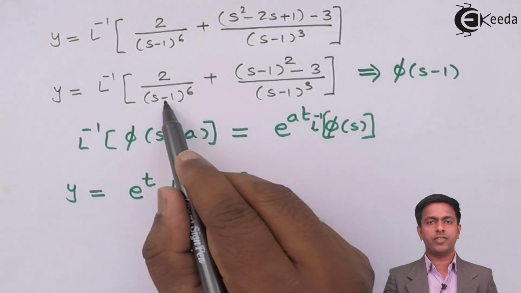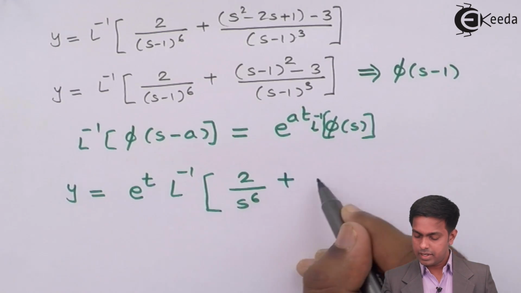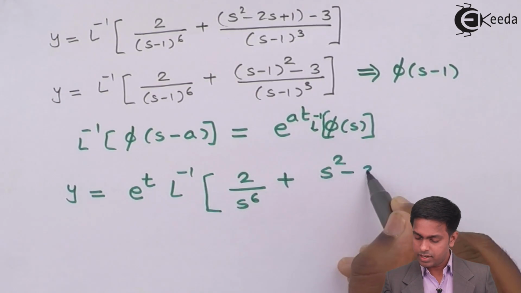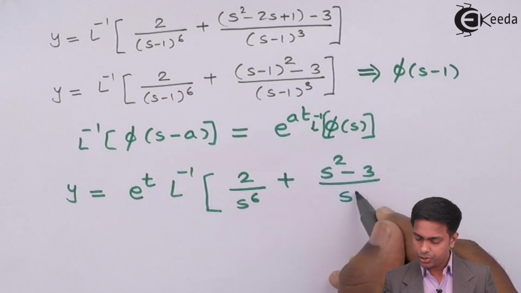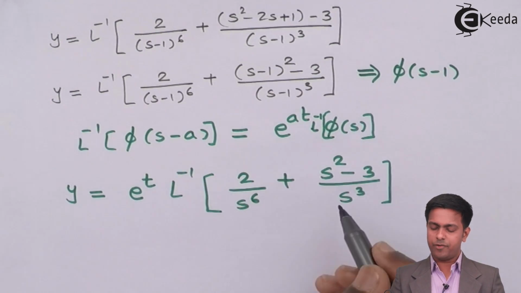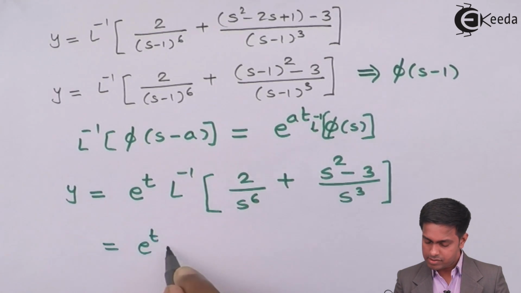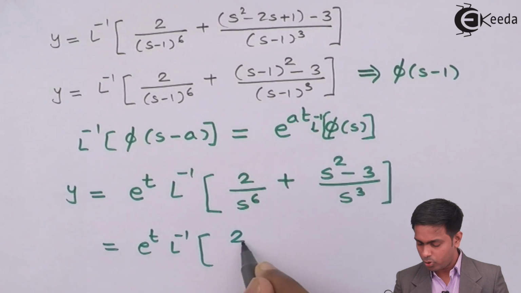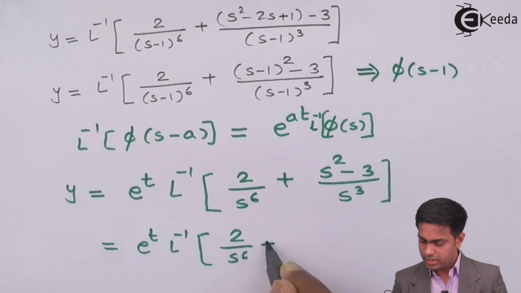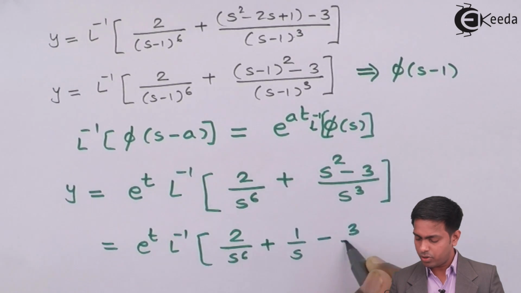So here s minus 1 will be replaced by s, so we will get s raised to 6. Here we will get plus (s square minus 3) upon s cube. Now here I'll divide these two terms separately by s cube, so we will get e to the power t L inverse of 2 upon s raised to 6 plus s square upon s cube is 1 upon s minus 3 upon s cube.